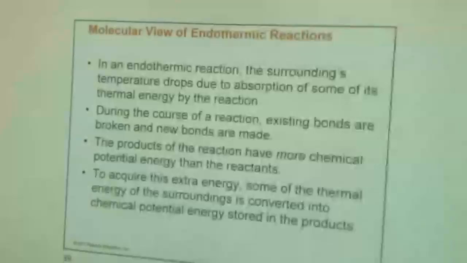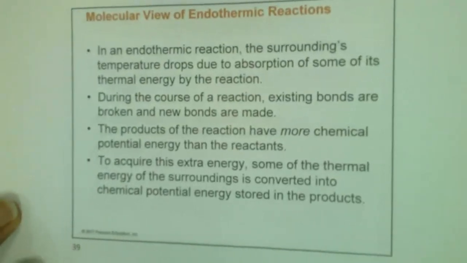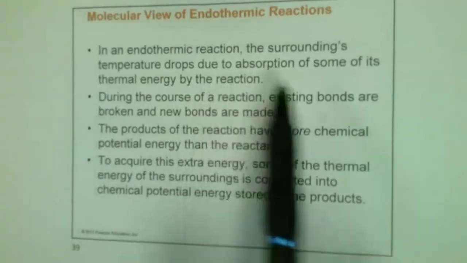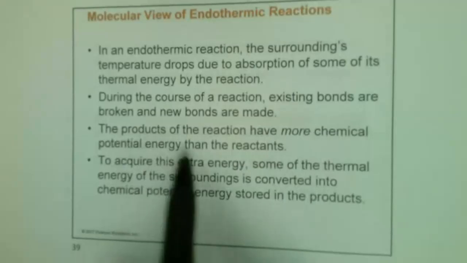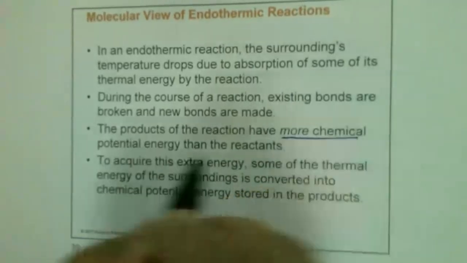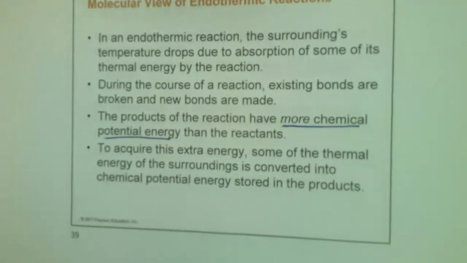Likewise, if we look at an endothermic reaction, the temperature is going to drop due to the absorption of the thermal energy. The products have more chemical potential energy than the reactants. Okay. It has to pull energy from the surroundings to make this happen.